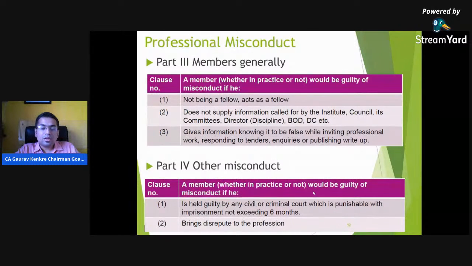And if you bring disrepute to the profession, this is a very wide and vague term. If you do any kind of action in your personal life and bring disrepute to the profession, this could be invoked against you. So we have to maintain high levels of behavior to ensure that the profession at large does not suffer because of our actions.